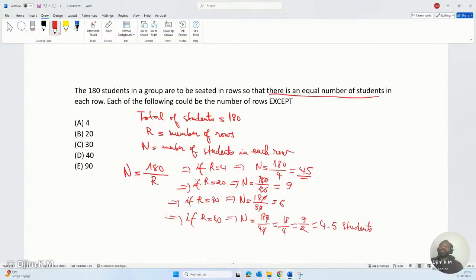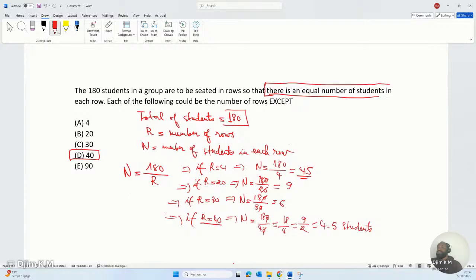If we have 40 rows, we are not going to be able to satisfy the condition that there needs to be an equal number of students in each row. If we have 40 rows, we will not be able to satisfy it because we have a total number of 180 here. So this seems to be the answer.